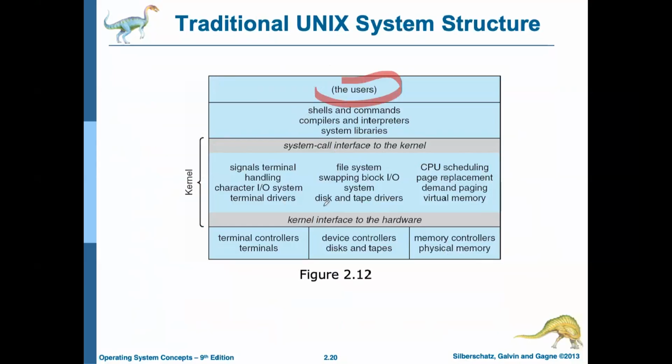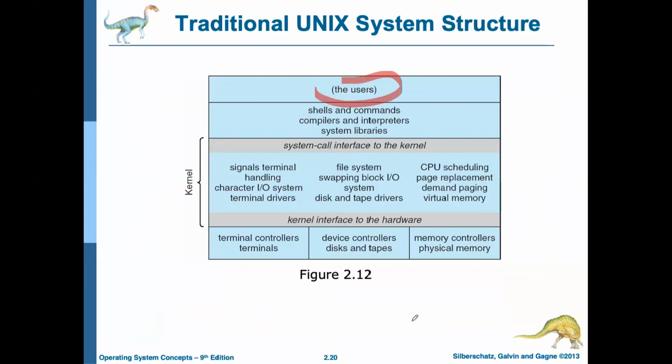We have three parts here. Then the kernel, and also the kernel interface to the hardware. From the kernel to the hardware we have the terminal controller, terminal device controller, disk and tape controller, memory controller, and finally physical memory.